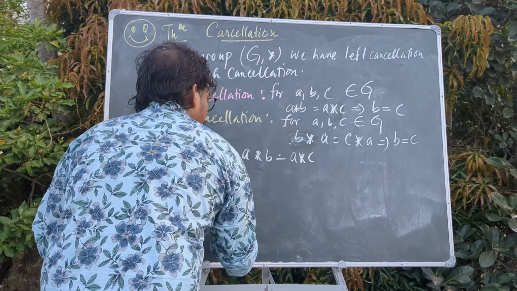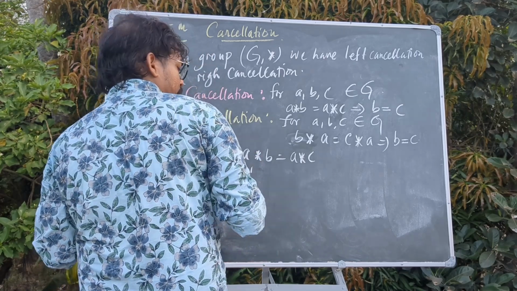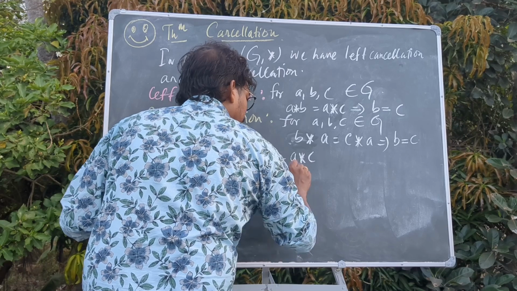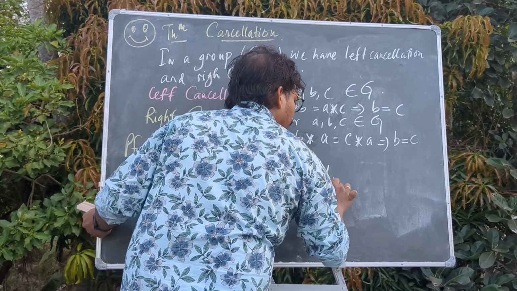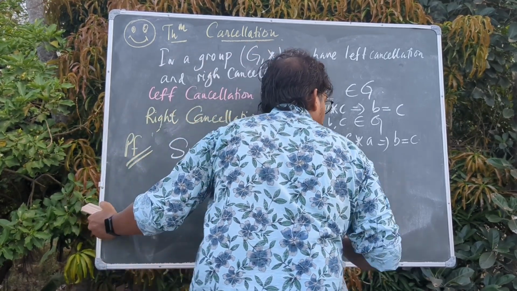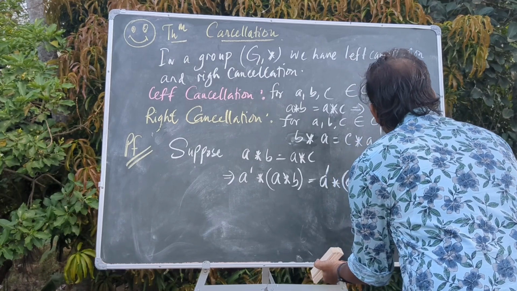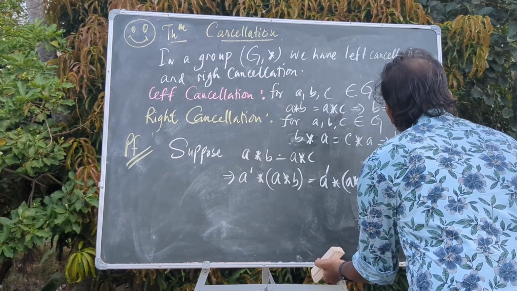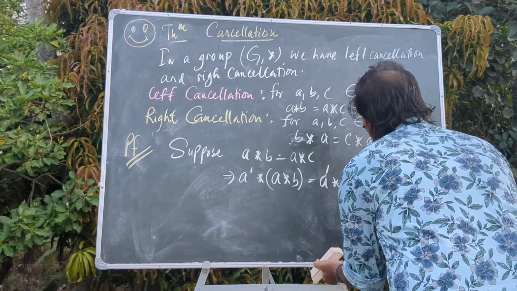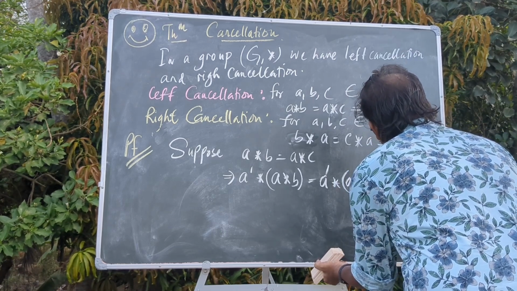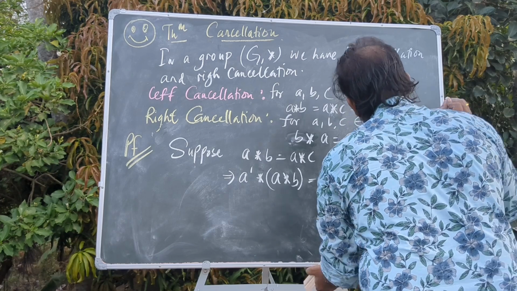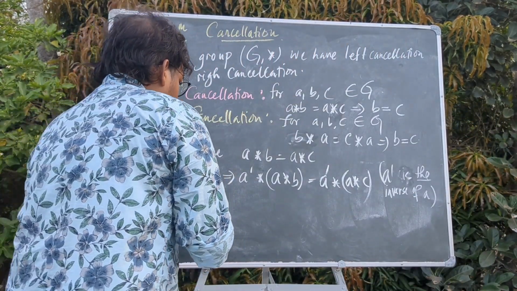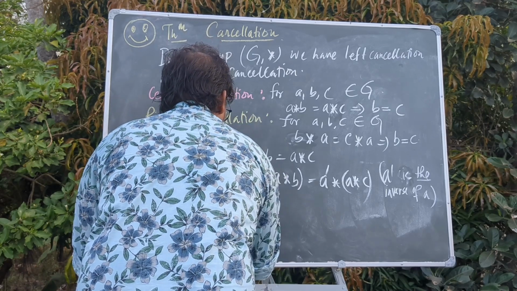That implies a' * a * b = a' * a * c. I have taken a' as the inverse of a. I can use the inverse because inverses are unique.